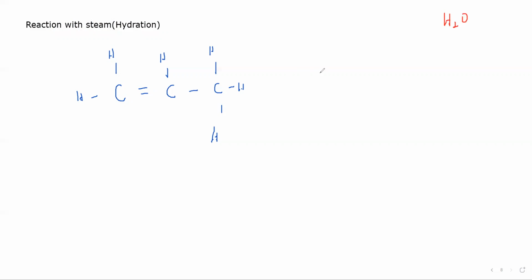If we are writing water, we can write it as H and OH. This H and OH basically combine to form water. Now to complete a product, what will happen? We will draw the same structure.